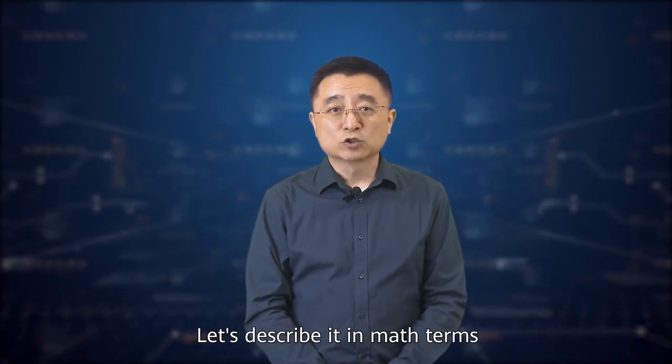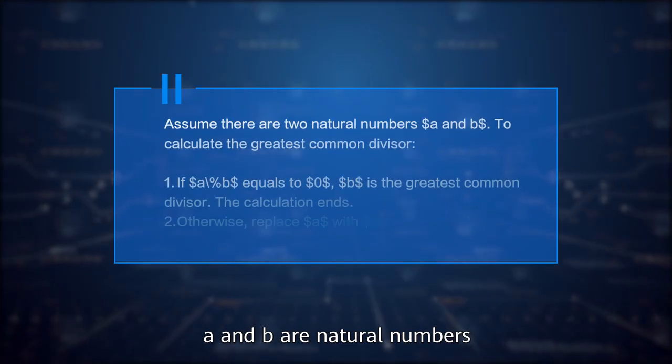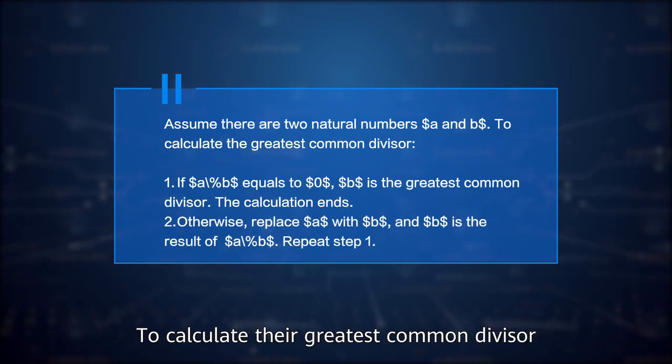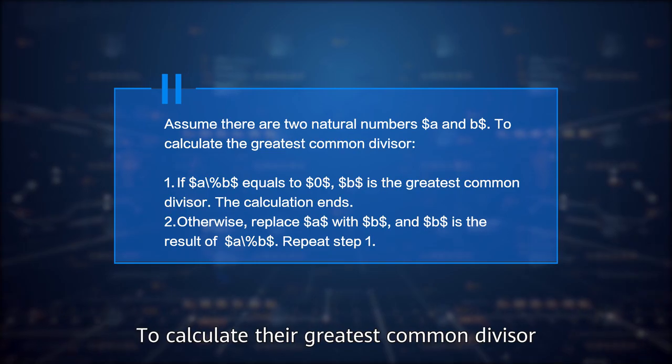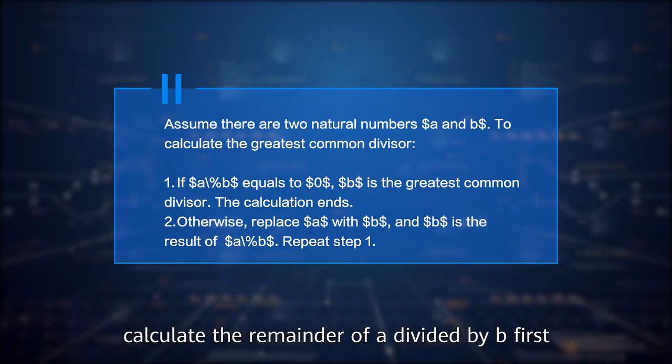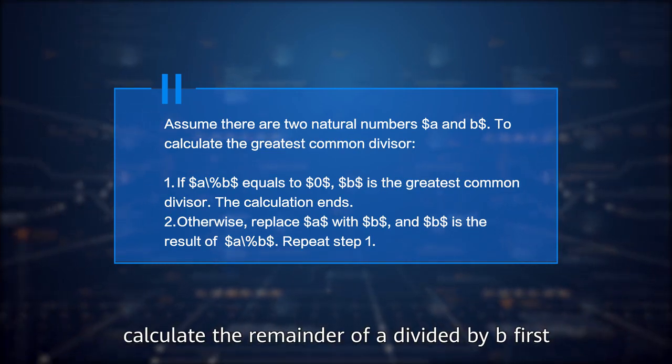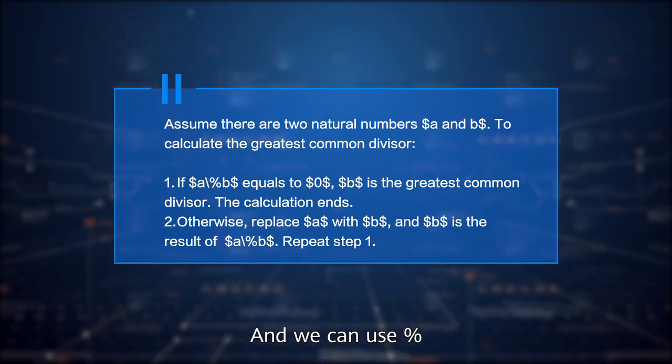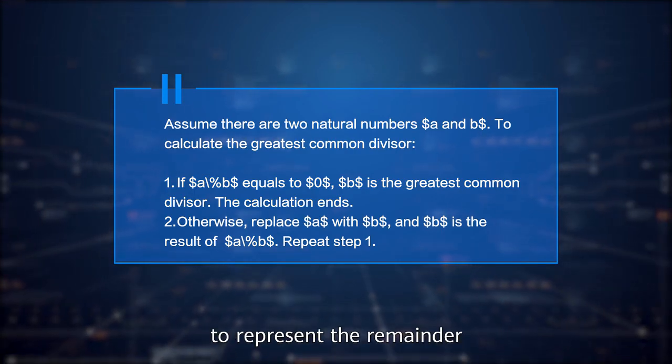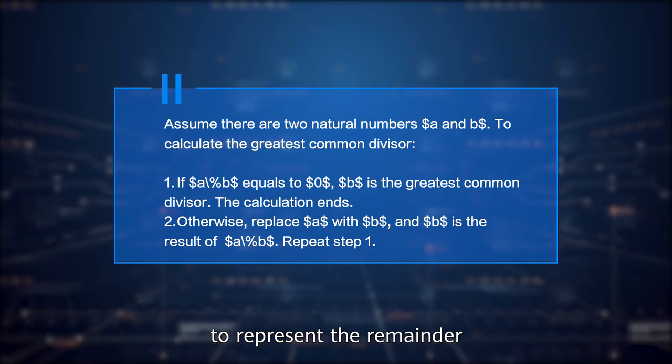Let's describe it in math terms. A and B are natural numbers. To calculate their greatest common divisor, calculate the remainder of a divided by b first, and we can use percent to represent the remainder.